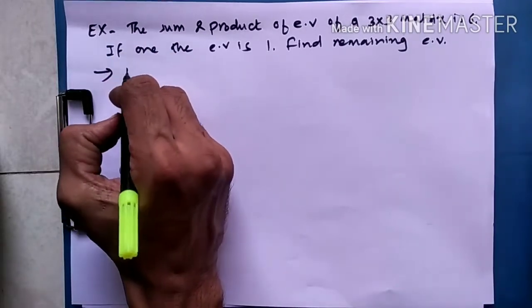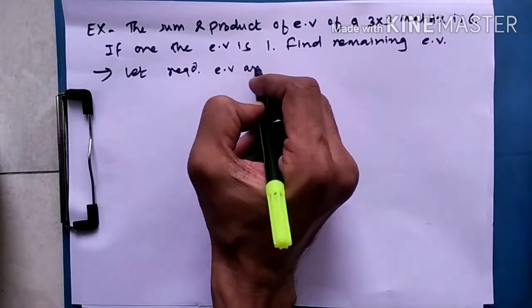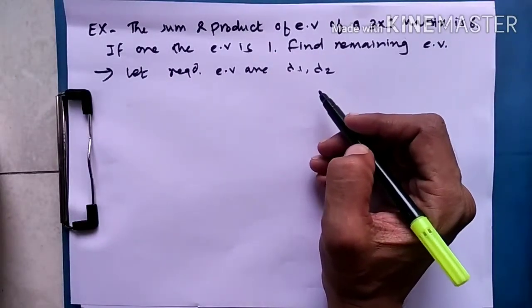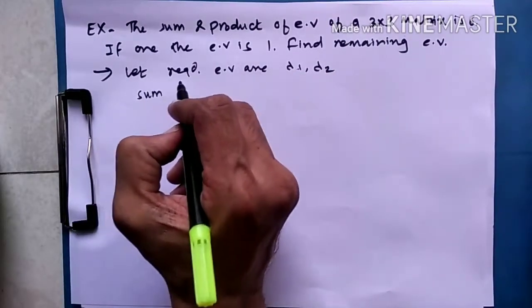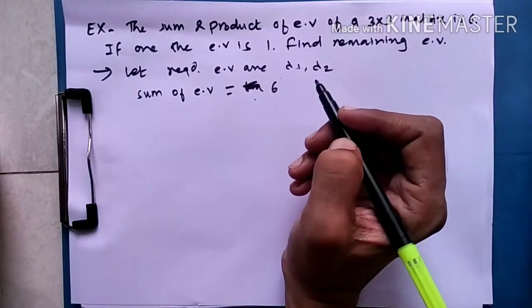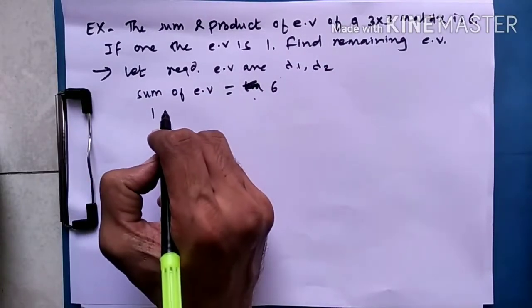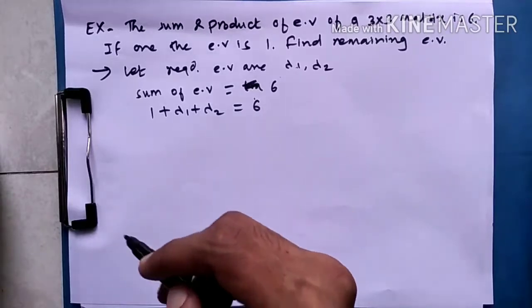So we can write here, let required eigenvalues are lambda 1 and lambda 2, and third one is already given, that is 1. Now sum of eigenvalues, again first property is same as given in the question, 6. And what are the eigenvalues? One eigenvalue is 1 and remaining 2 which we have to find, we are calling them as lambda 1 and lambda 2.